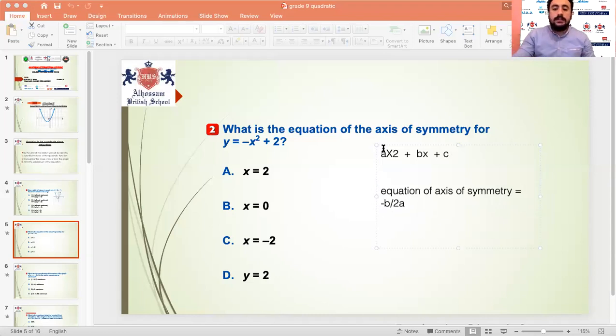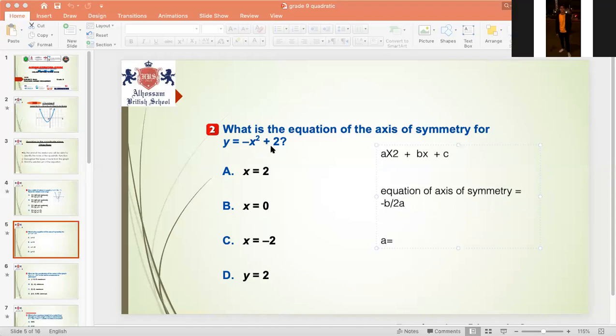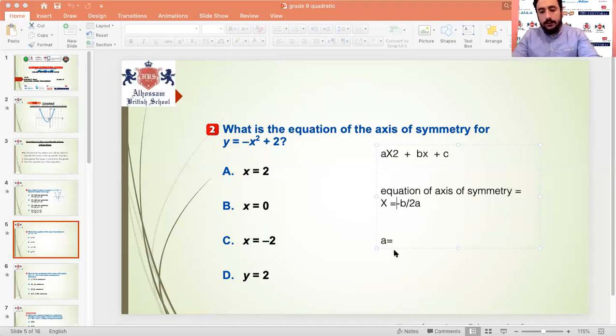So according to this question, Mazen, could you tell me what is the value of A? The value of A here. -1. Excellent, -1, because A is the coefficient of x power 2, and the coefficient of x power 2 here is -1.